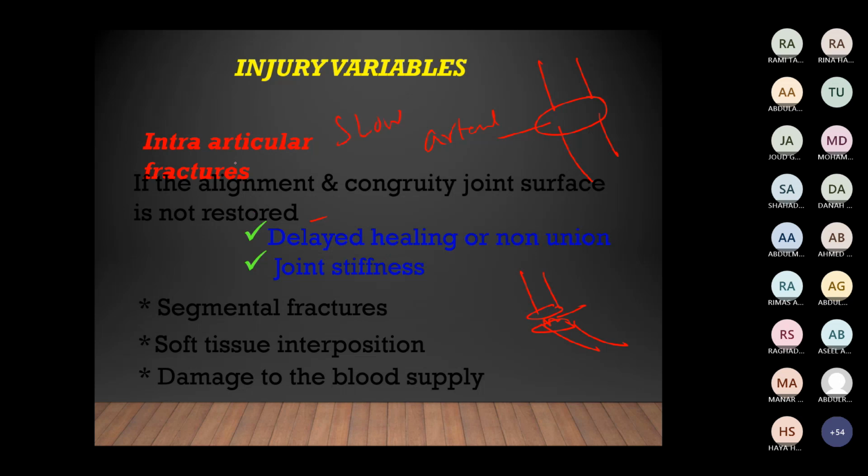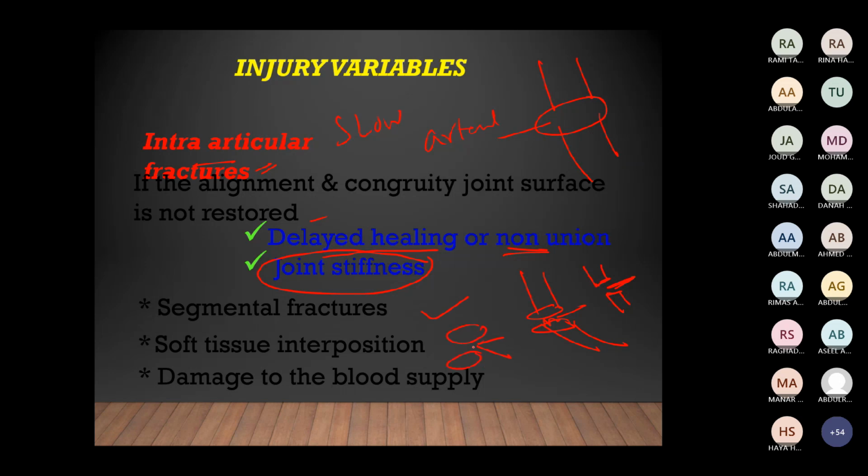This delayed healing can cause non-union, and union will not be proper. The joint of the knee or the elbow also becomes stiff. Similar problems occur in segmental fractures.